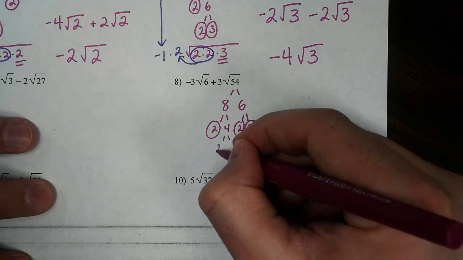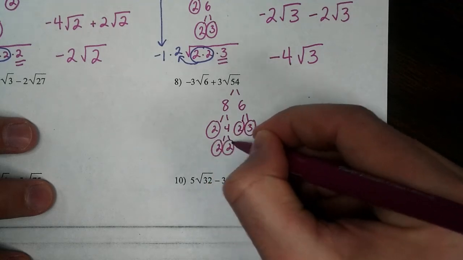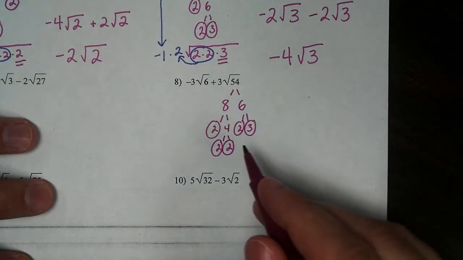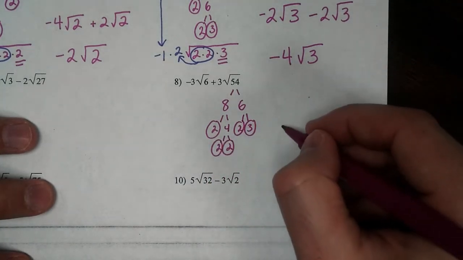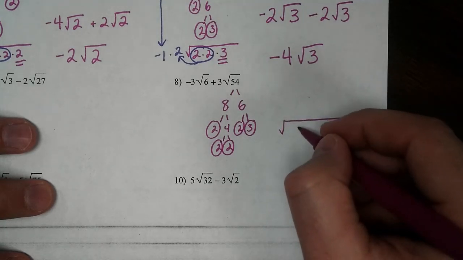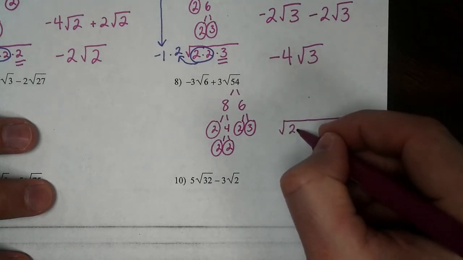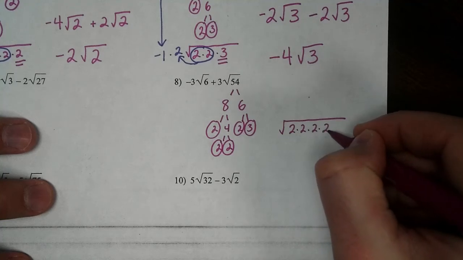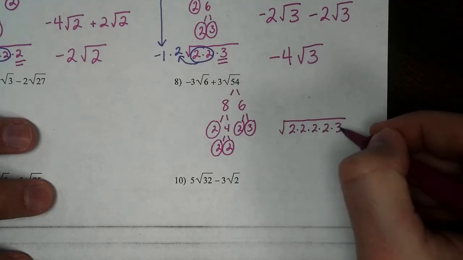So I've got all my prime numbers circled. Okay, just broke it down. I'm going to write them all inside the radical. So we have a 2, a 3, a 3, a 3, and a 3.